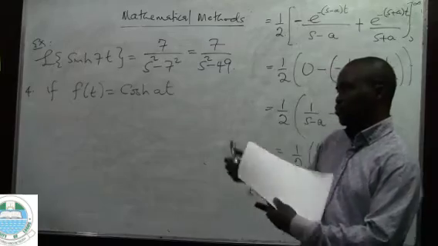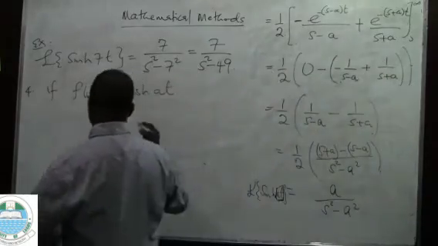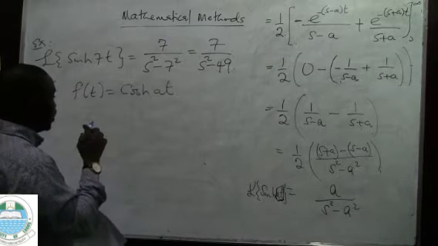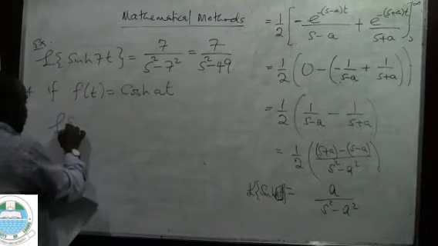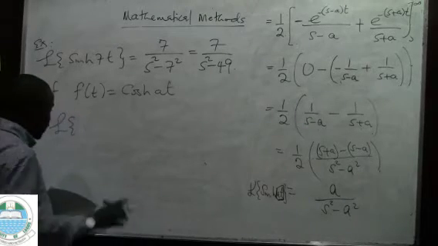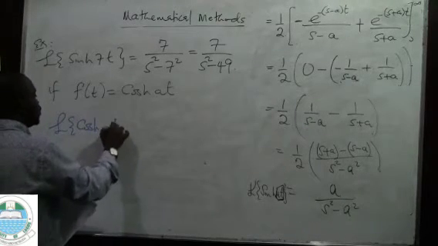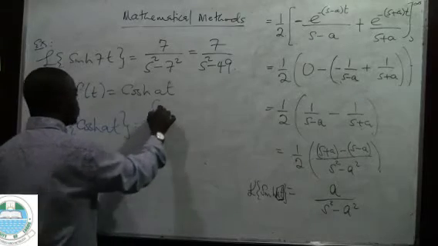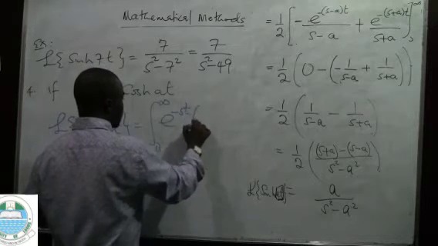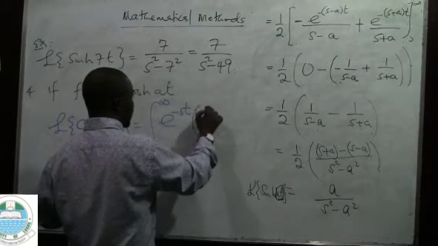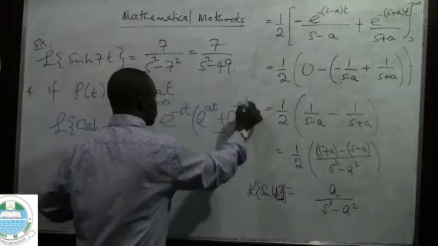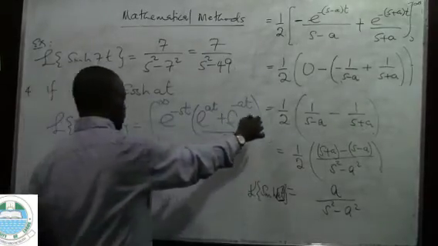So we should not have problem handling this, since we have done that one of sine at. So by definition, the Laplace of cos at gives integral 0 to infinity exponential minus st into bracket exponential at plus exponential minus at divided by 2. We have this, then the dt.